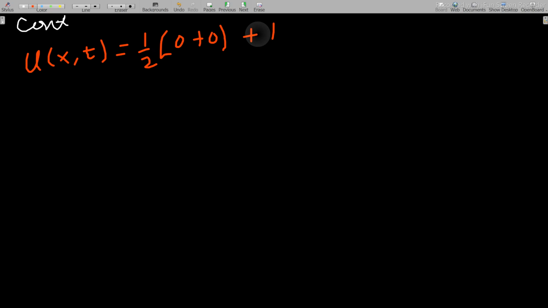So immediately we see that we have all these. That means our solution u(x,t) is equal to half into 0 plus 0, plus 1 over 2c integral from x-ct to x+ct of sine tau d tau, because our g(tau) is given as sine of tau.